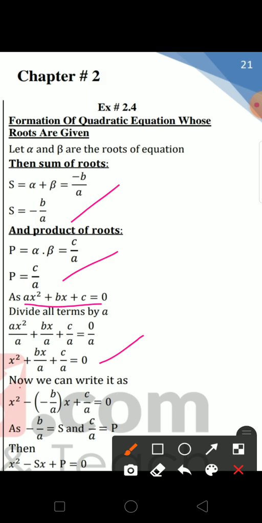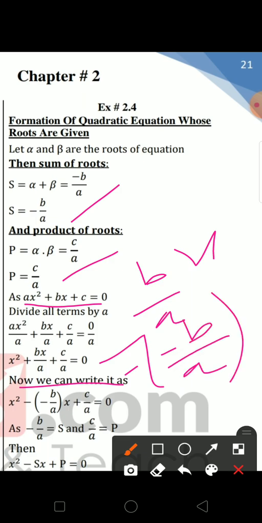Now we can write b by a x as minus into minus b by a. ठीक है, क्योंकि आपके पास जो सम ऑफ रूट है वो इसमें पुट करना है. सम ऑफ रूट माइनस बी बाई ए है. सो वी राइट प्लस बी बाई ए एज माइनस इंटू माइनस बी बाई ए. ठीक है, क्योंकि अगर हम इसको दोबारा माइनस इंटू माइनस प्लस करते हैं तो दोबारा वही क्वेश्चन आ जाएगा. And same as c by a.